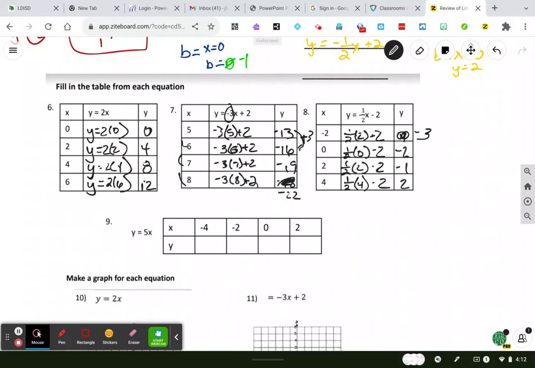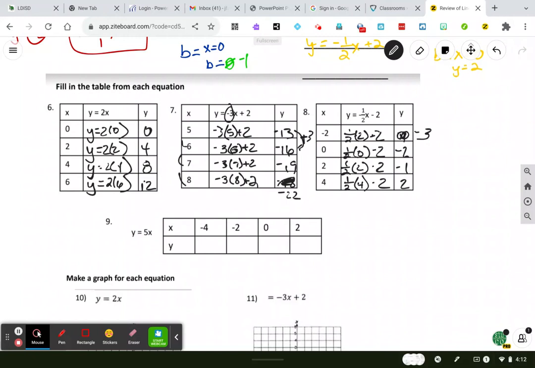So we've done something wrong here. Let's take a look at what we've done. Half of negative 2 is negative 1, and negative 1 minus 2 is negative 3. Half of 0 is 0. 0 minus 2 is negative 2.